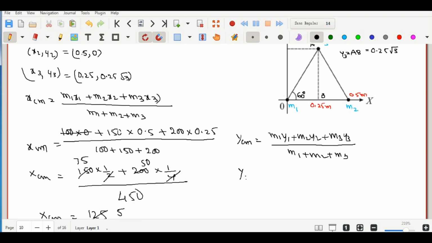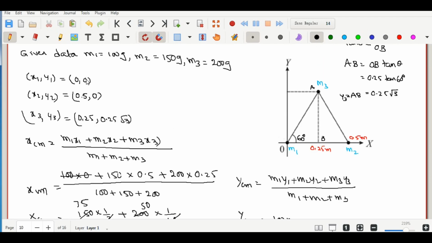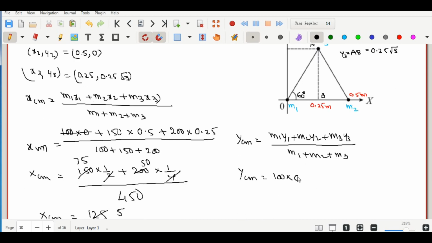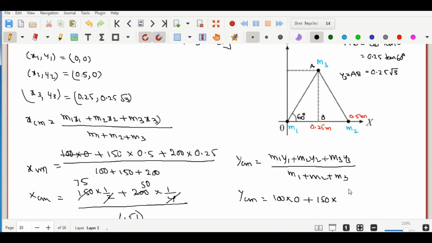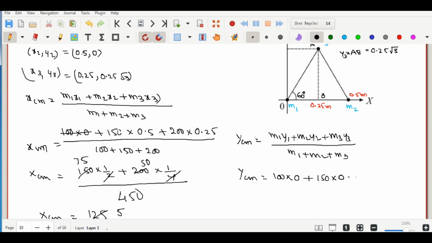Now ycm, m1 means 100 into y1 means 0, plus m2 means 150 into y2 means 0, plus m3 means 200 into y3 means 0.25 root 3, divided by the total mass which is 450 grams.